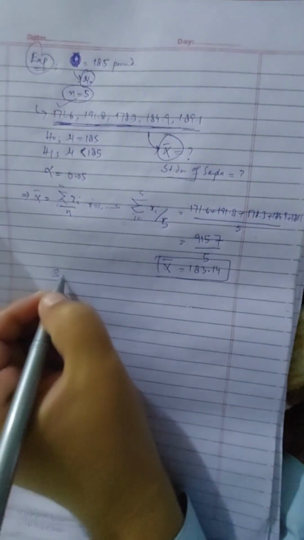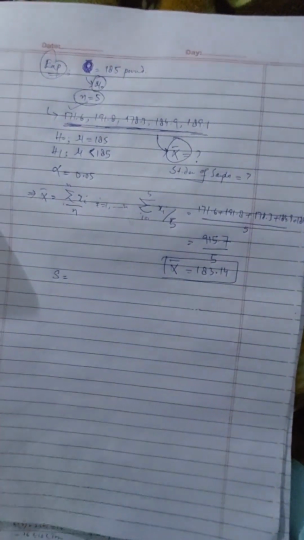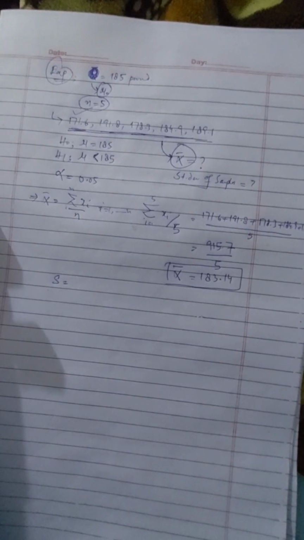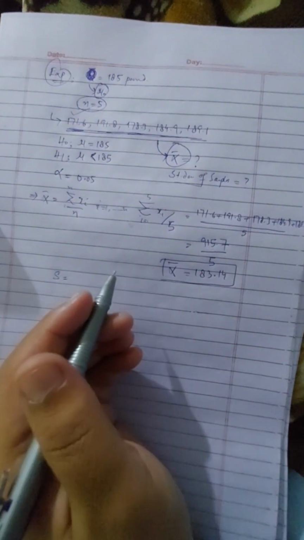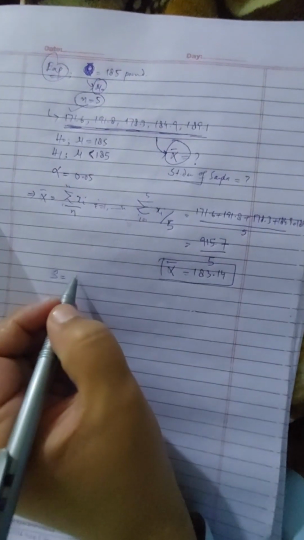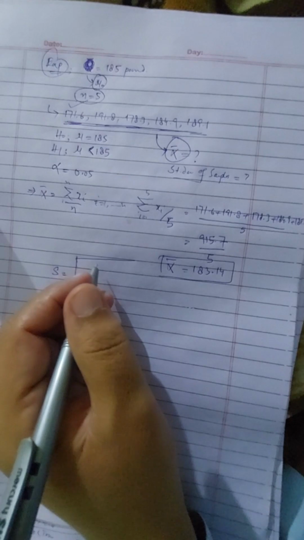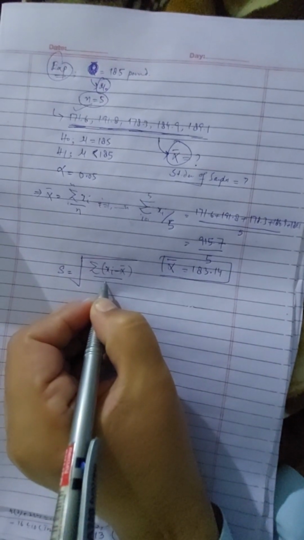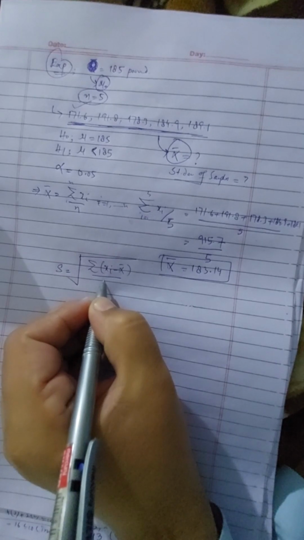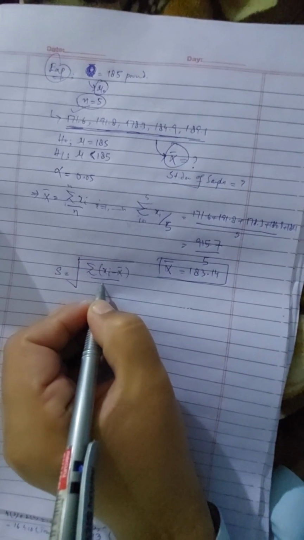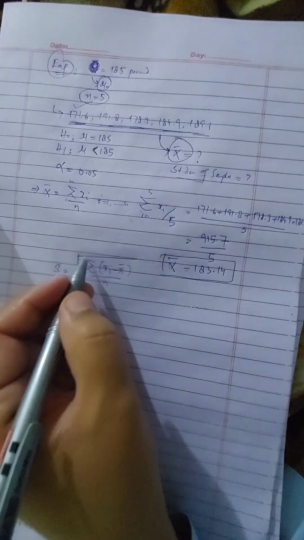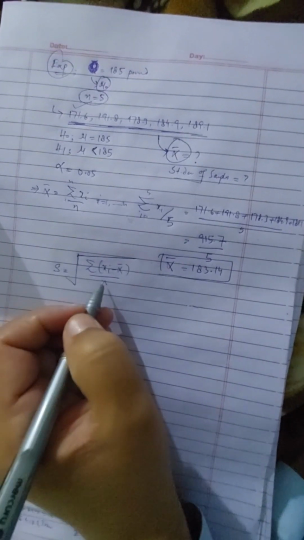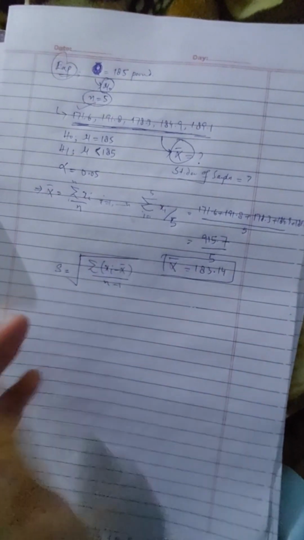S is equal to the square root of the summation of xi minus x bar squared, divided by n minus 1.